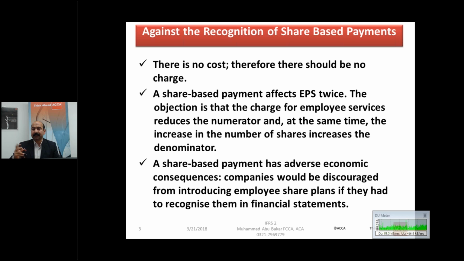That is also correct, but these are two different economic events. You are receiving the services of the employee against those share options. And the third is correct, but the standard setter cannot allow companies to avoid this on the basis that it will affect their financials negatively.